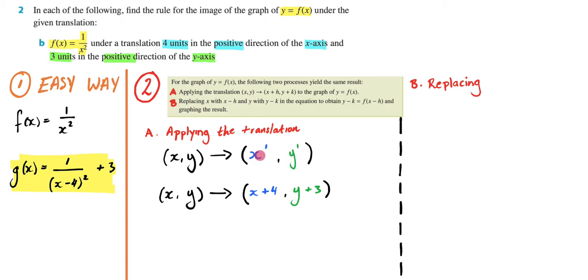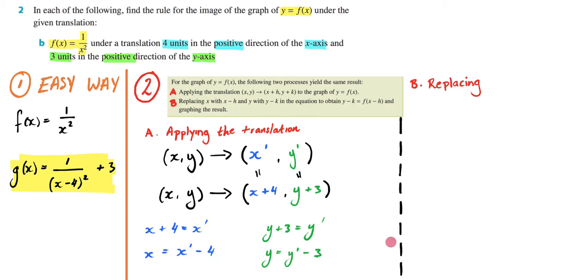This is just a way of saying this is my new point, and this is the specifics of it, so these are going to equal each other. I'm left with x plus 4 is equal to x dash, and y plus 3 is equal to y dash. I then rearrange it so I have x by itself, so I get x dash minus 4, and y dash minus 3.